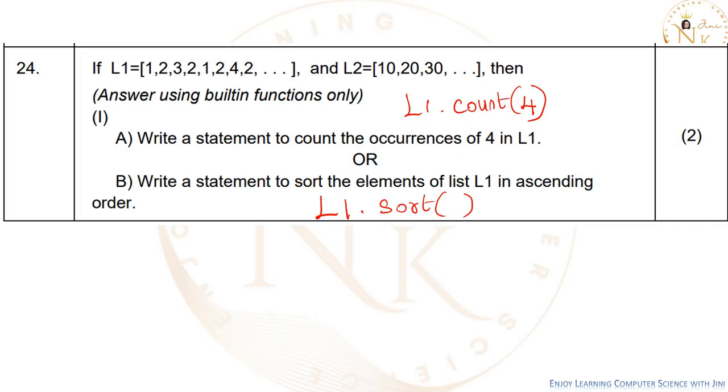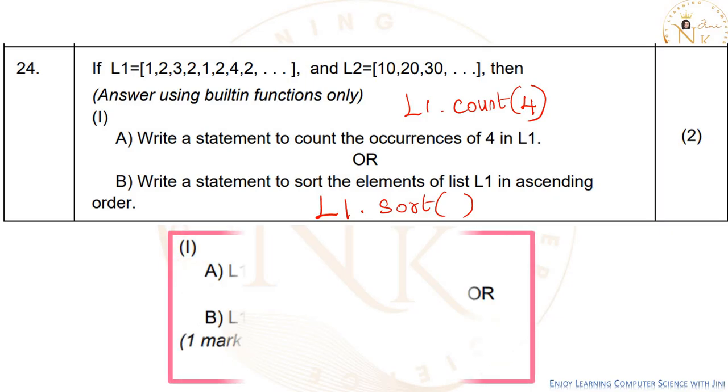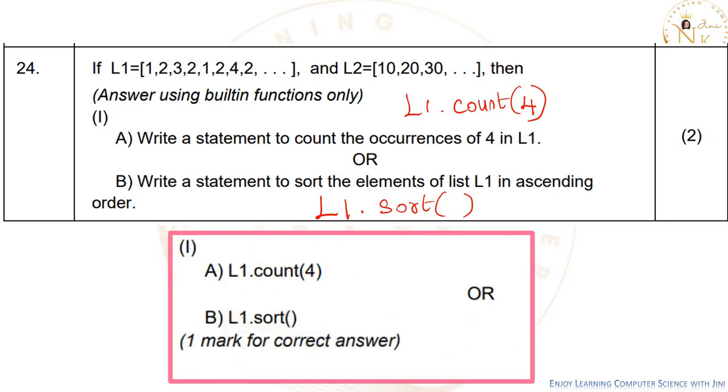It is not necessary to specify reverse is equal to true or false, because by default sort will arrange the elements in ascending order. No need to specify reverse is equal to false or true. Okay, so you can see L1 dot sort. First one, L1 dot count.